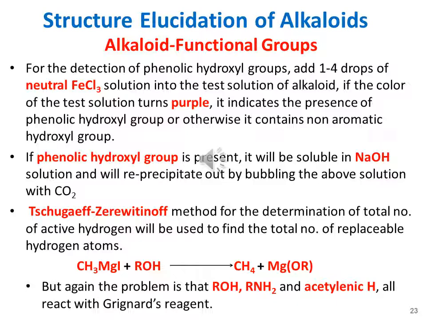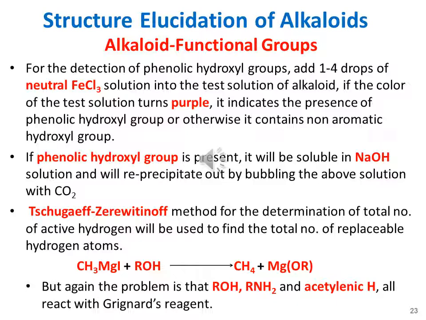If the color of the test solution turns purple, it indicates the presence of a phenolic hydroxyl group, or otherwise it contains a non-aromatic hydroxyl group. If a phenolic hydroxyl group is present, it will be soluble in sodium hydroxide solution and will reprecipitate out by bubbling the solution with carbon dioxide.